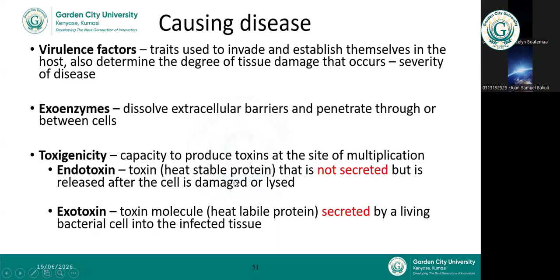So it has to do with cellular damage within the bacteria. But these toxins are also not beneficial to the host cell, so they have to be neutralized. The host will have ways of detoxifying these molecules. You know, when the organisms are multiplying, some will die. So in the course of dying, these endotoxins are also released.